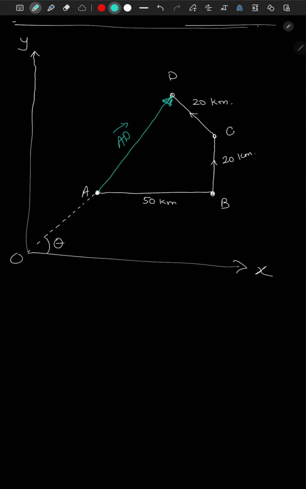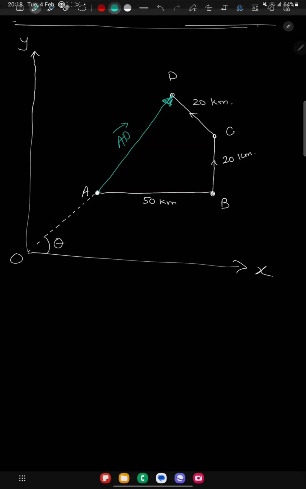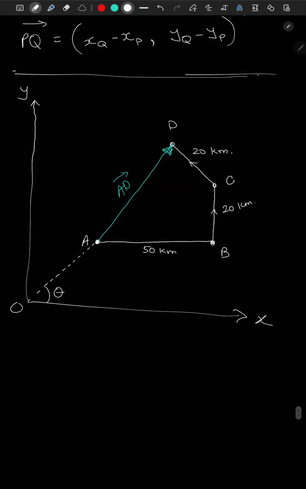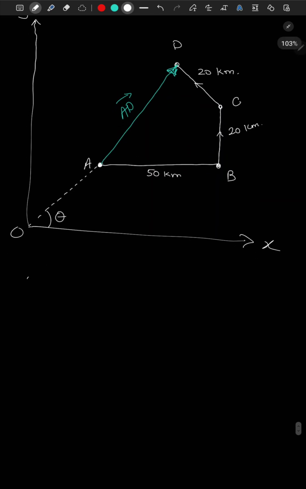In order to calculate the displacement, we have to add every component of the vectors. So to calculate displacement AD, we have to add the vector AB, BC, CD.